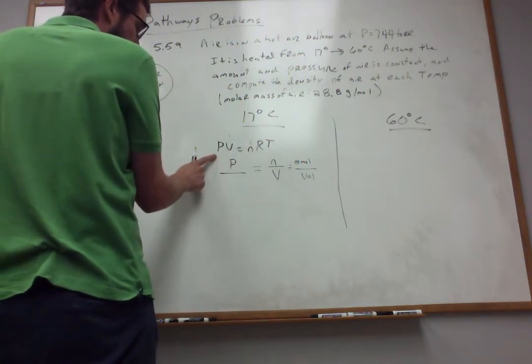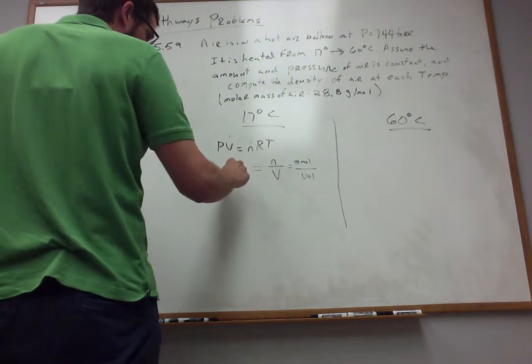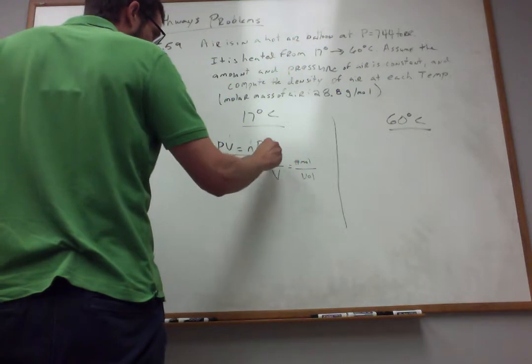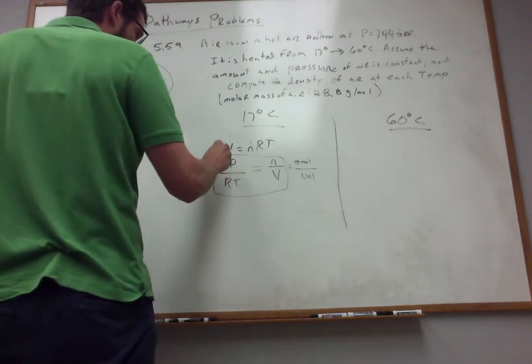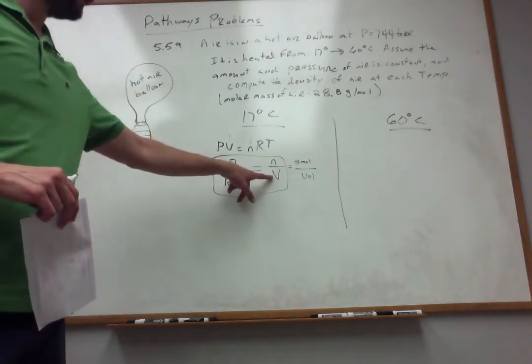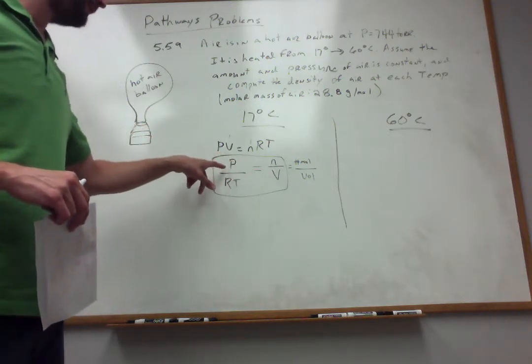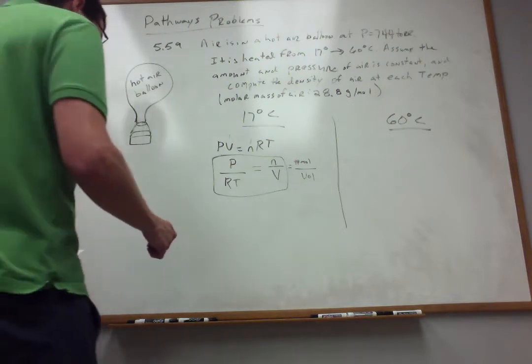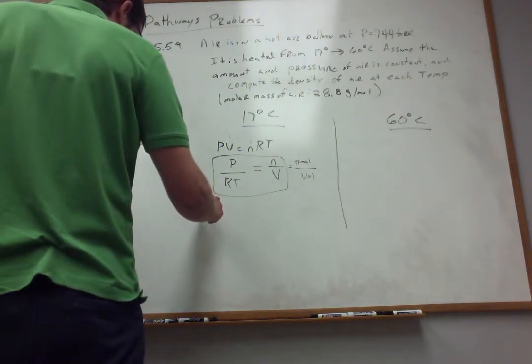But I also had to divide both sides by RT to clear it from the right. So what I've got, if I rearrange my variables, is n over V, my proxy for density, is equal to P divided by RT. I simply rearranged the gas law to give me something in the form that tells me about density. Now I can run with this.